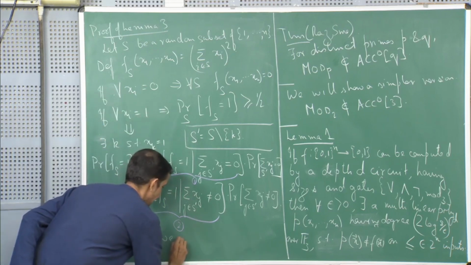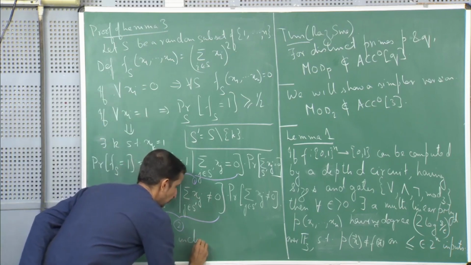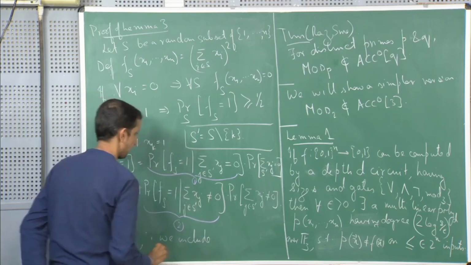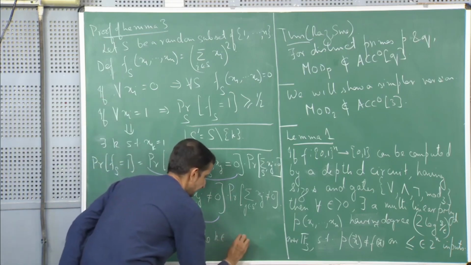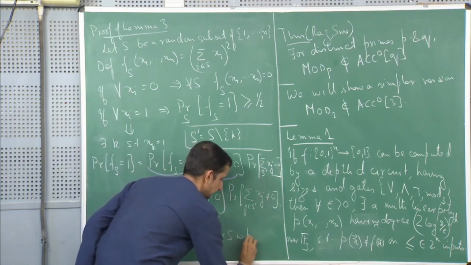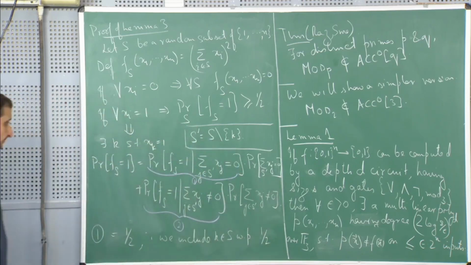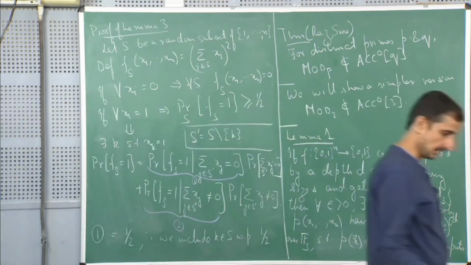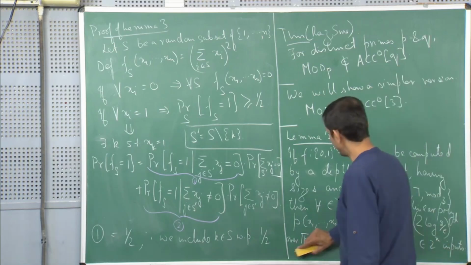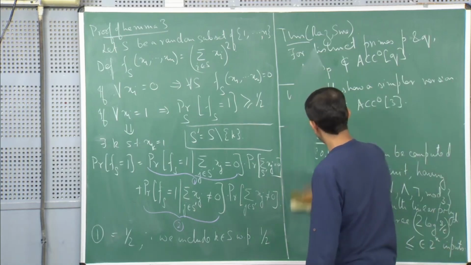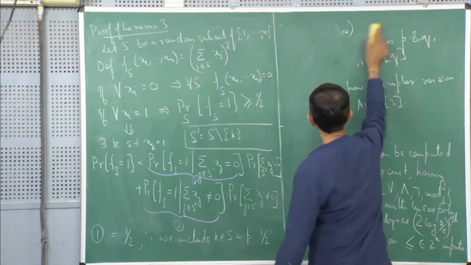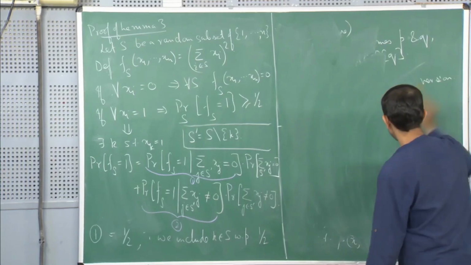Since we include k in S with probability half, and a symmetric argument follows for 2 as well. In fact, here the probability is even slightly better.